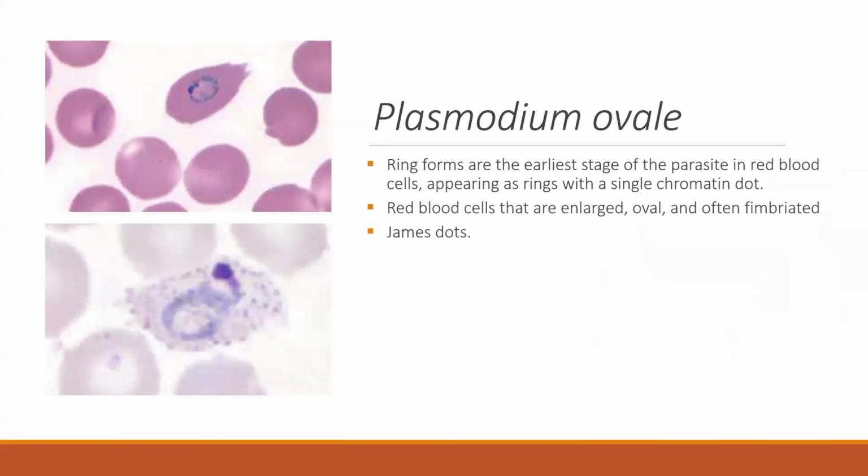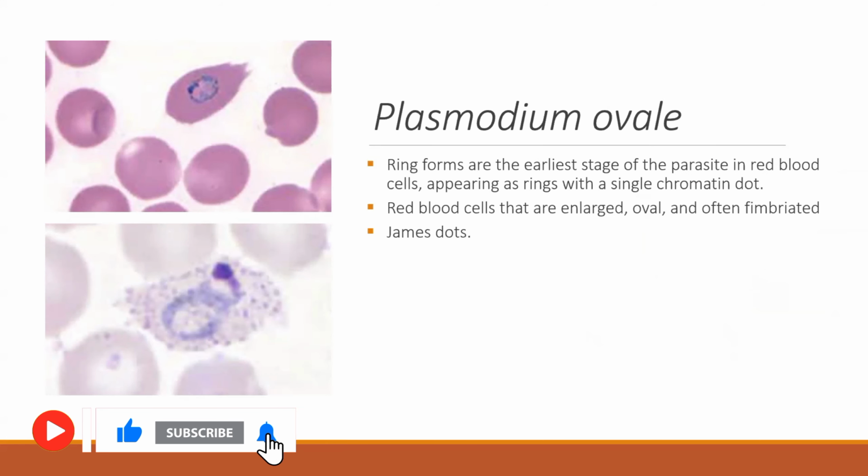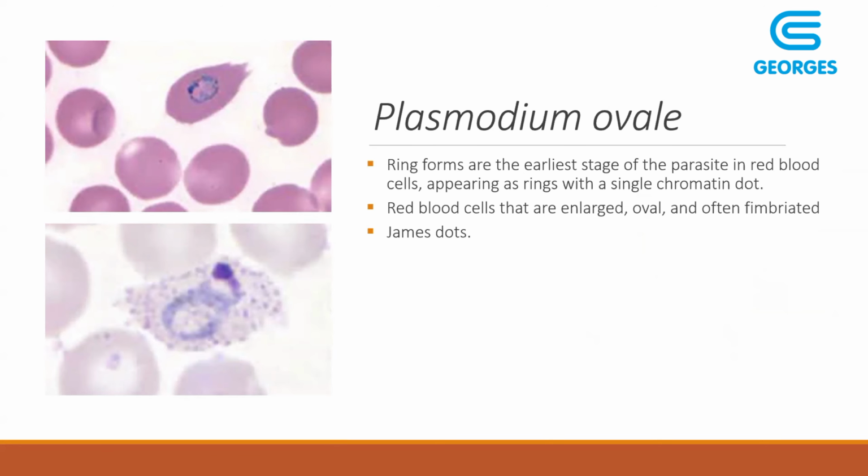Then here we have P. ovale. So when you look at the images and when you look at the previous image here, you can see the difference. The difference here is that this RBC, the top left RBC, is oval in shape. Even the bottom one is oval in shape.